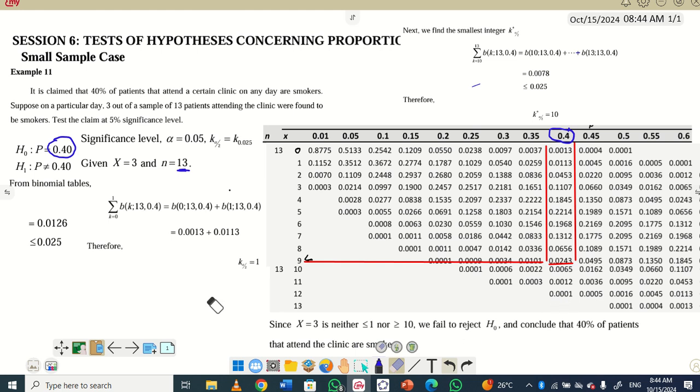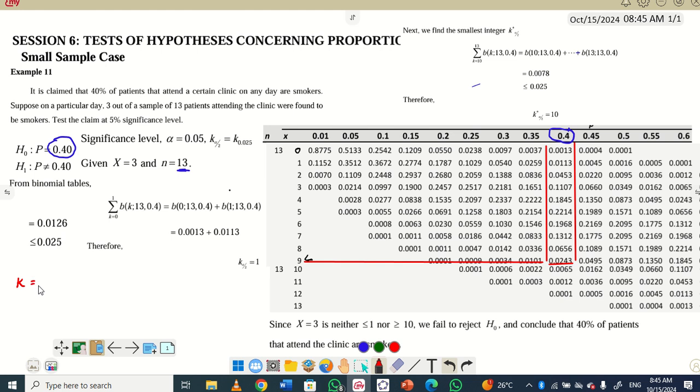Okay, so let us look at it. What we are going to do is look at this rule. Our null hypothesis is p equal to 0.40 and the alternative is p not equal to 0.40. What was the alpha level? In the binomial proportion, alpha was 0.05, but when we divide it by 2, we are going to get k.